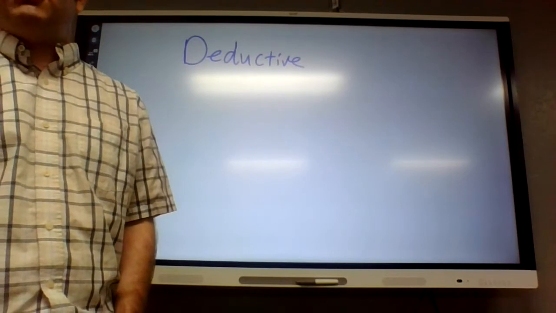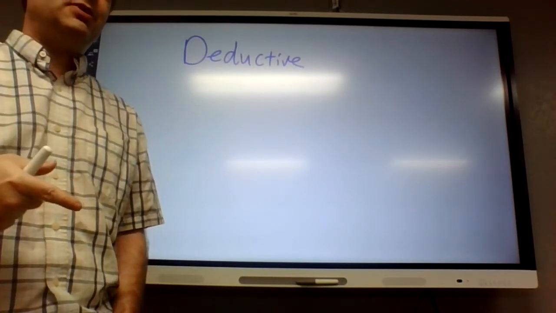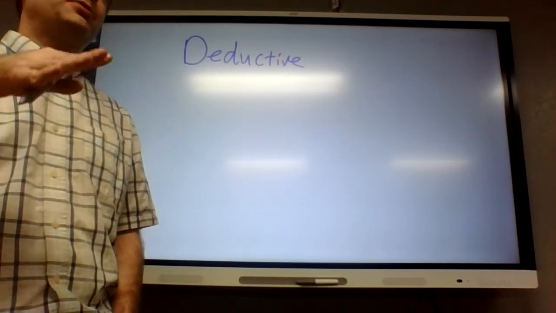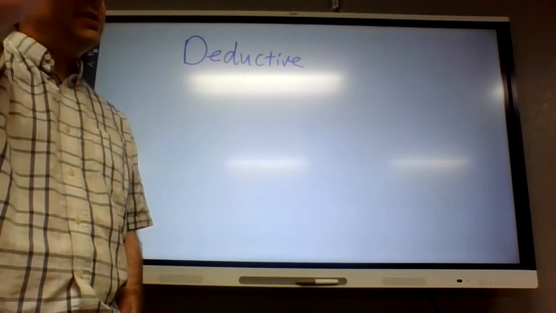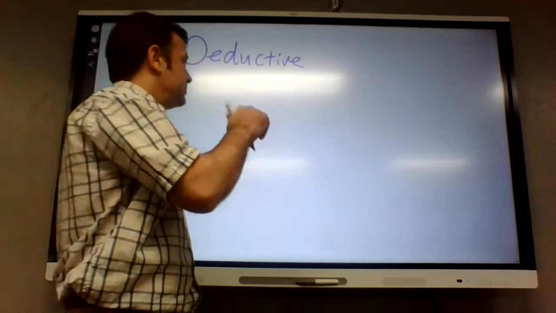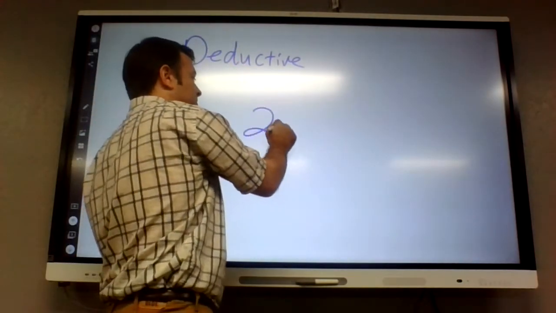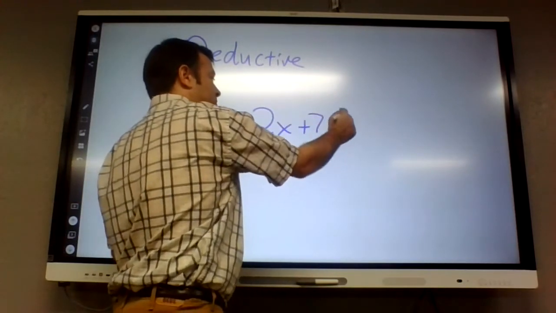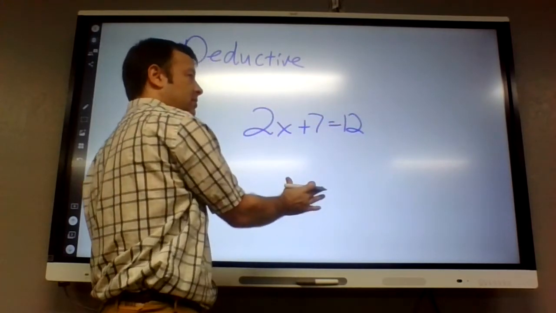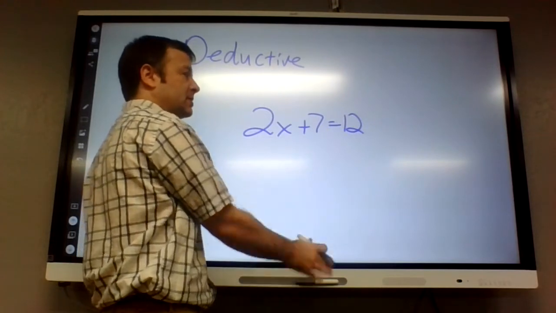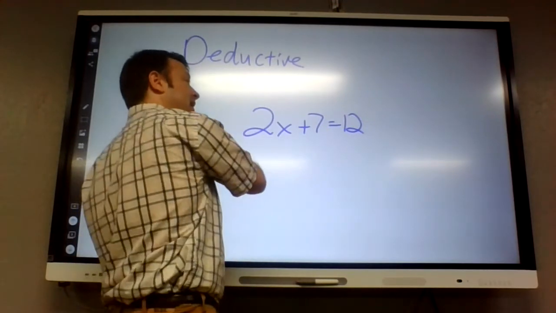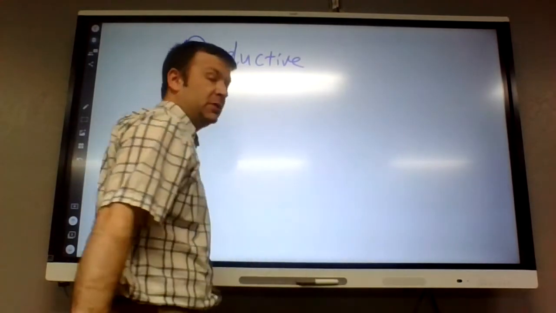So what we did yesterday with the proofs, that was actually deductive reasoning. If we assume that 2x + 7 = 12 is true, then we know for sure what x has to be. That's algebraic deductive reasoning.